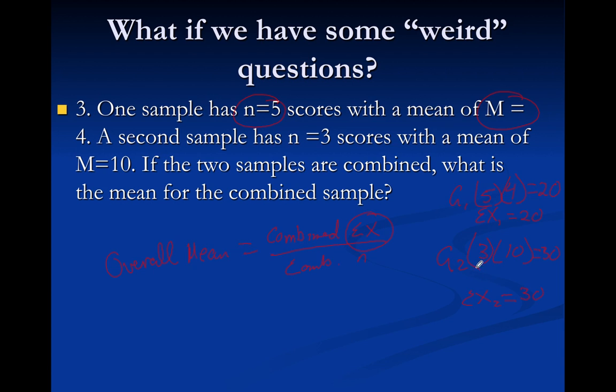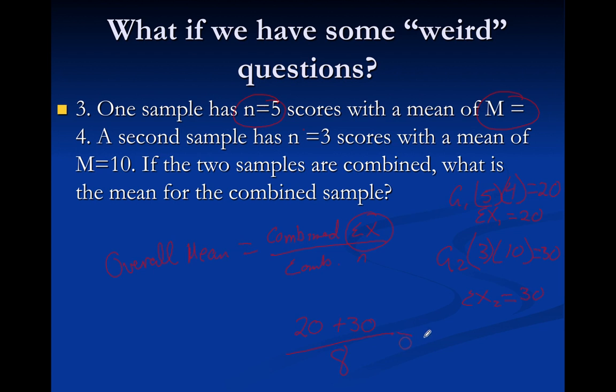So now I can sum up those sums of x, just like my formula asked me to do. So 20 plus 30, and we're going to divide by my sample sizes, 5 and 3. I need to combine my sample sizes, 5 and 3, and that gives me a value of 8.